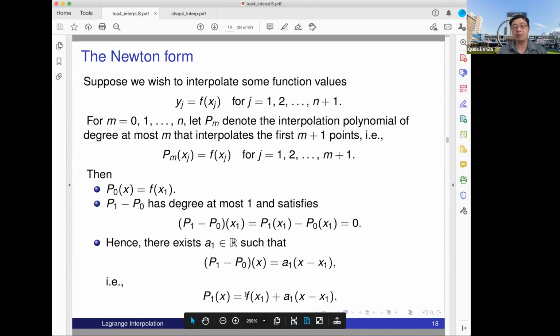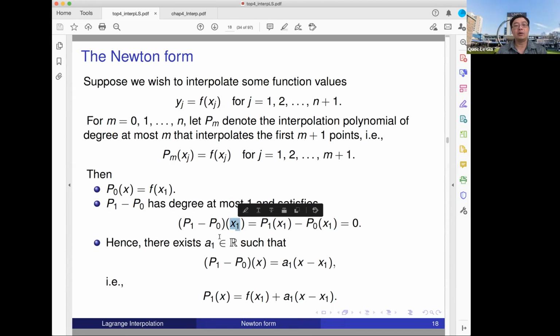So it has the form like this: f(x1) plus a constant times (x minus x1), right? And so what is the constant? So we know that P1 minus P0 has degree 1, right? It's a line, and then it goes through x1, right?